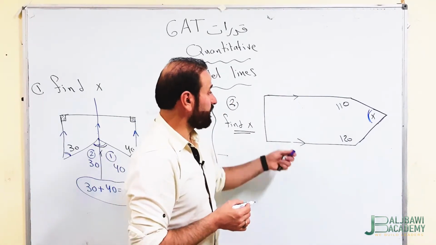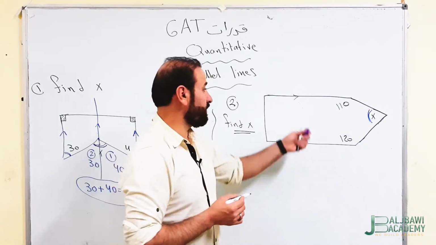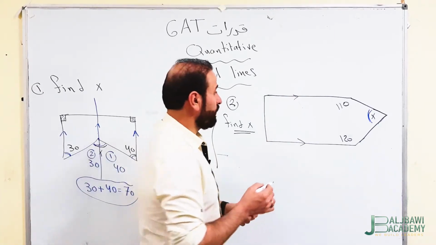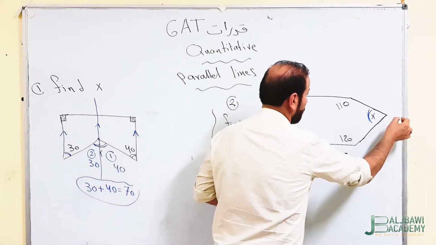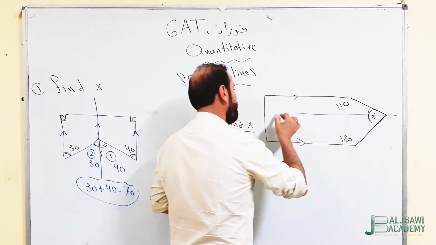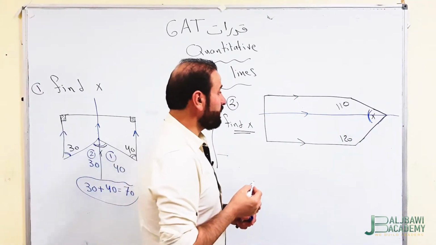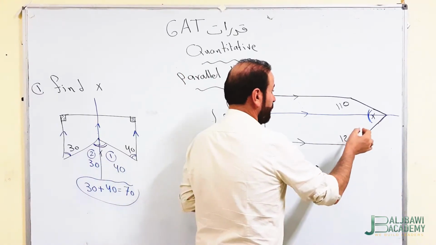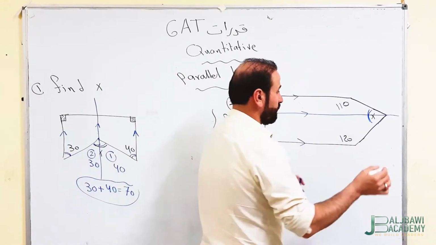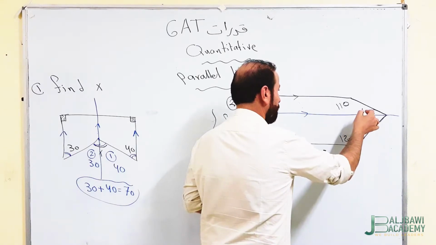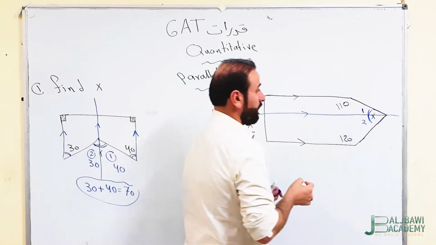Now, as you can see, they are parallel lines. These two lines are parallel. So we draw another line, a third line, which is parallel to them. Now this line separates x into two parts. This part 1 and this part 2.